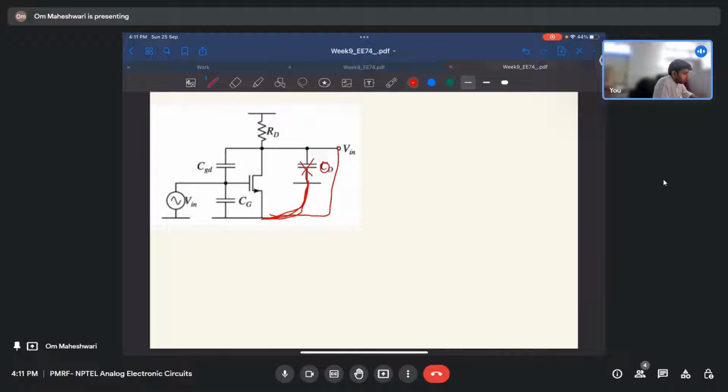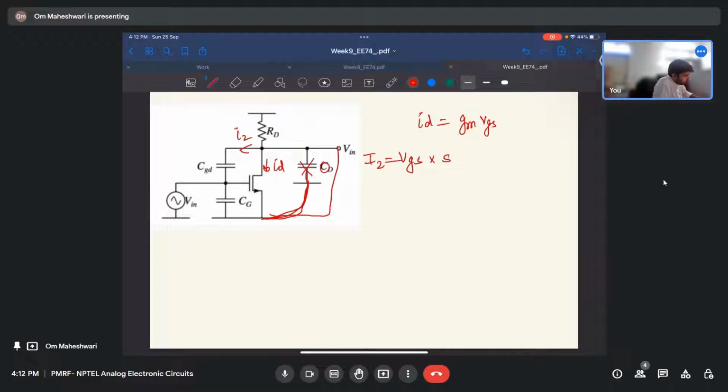The current through this path will be, okay, one current will be ID, that is simply ID is GM VGS, and another current will be I2.